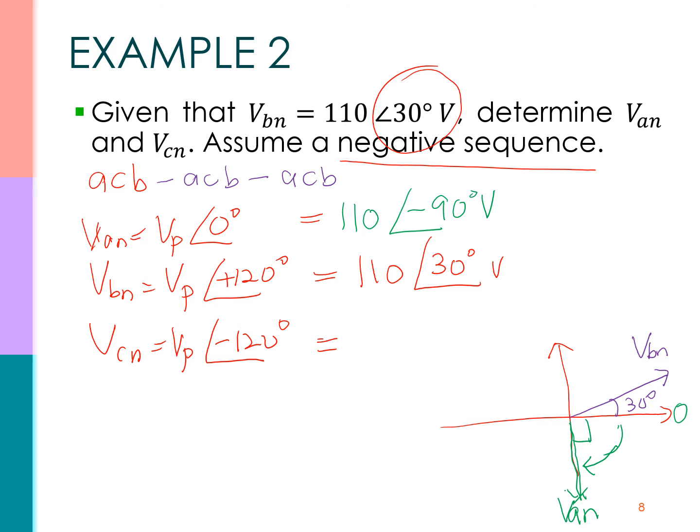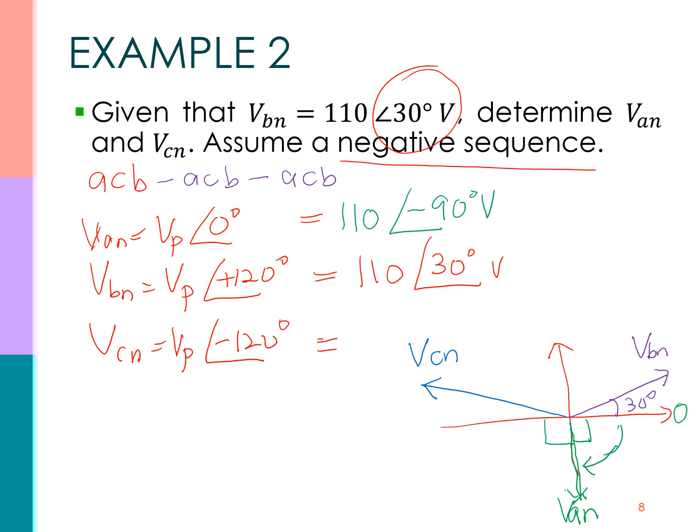Then between VAN and VCN is another 120. So starting from VAN, this is 90 degree, plus another 30 degree, somewhere here. VCN.